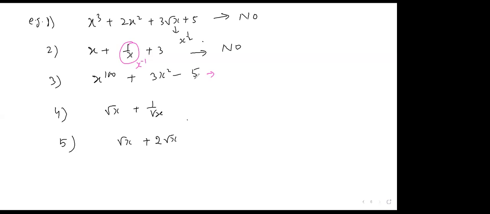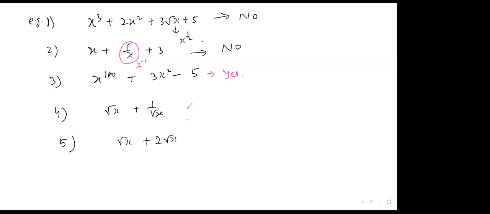Is it a polynomial or not? Yes, it is. Because x to the power 100, 100 is a whole number, and x square, 2 is a whole number. So if the powers are whole numbers, then they form a polynomial.